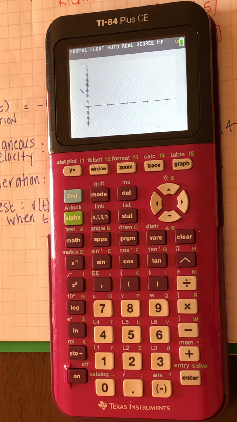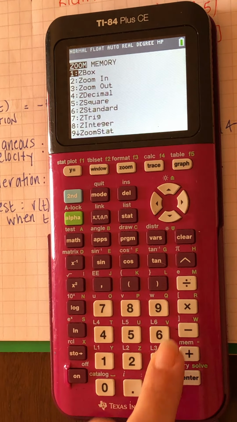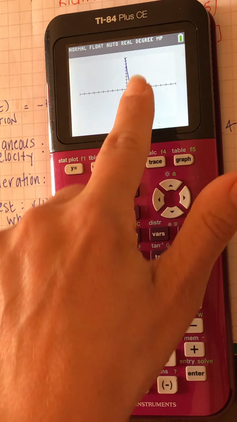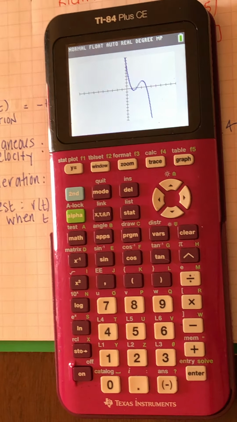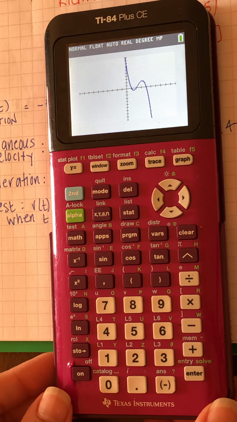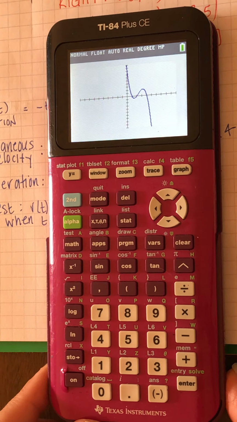Okay, so when I graph it, that doesn't help me at all. So I always go back to Zoom 6 for Zoom Standard. And let's see how that helps us. Okay, that's pretty decent. I think I'm going to maybe change my window a little bit because really what I care about is what's happening here with the x-intercepts. And by the way, you know those x-intercepts. You already found those. Those x-intercepts were 1.451.